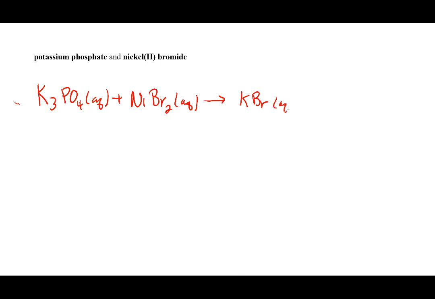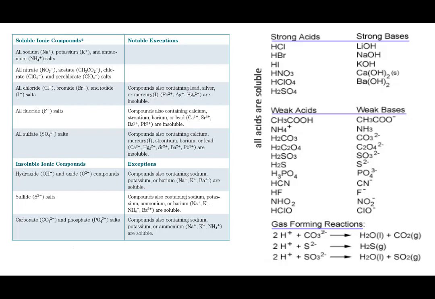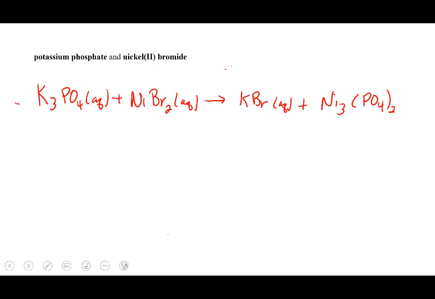That's going to be aqueous. And nickel phosphate. So nickel phosphate, nickel's 2 plus, and the phosphate's 3-. So we're going to need 3 nickels and 2 phosphates. And phosphate salts are generally insoluble. Nickel's not an exception to that. So nickel phosphate's going to be a solid. So that's our precipitate.